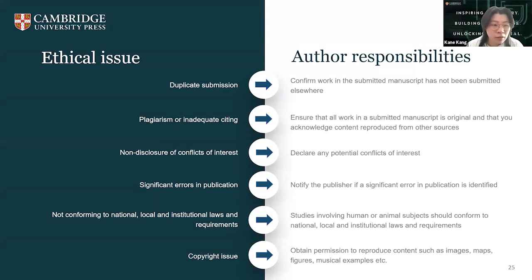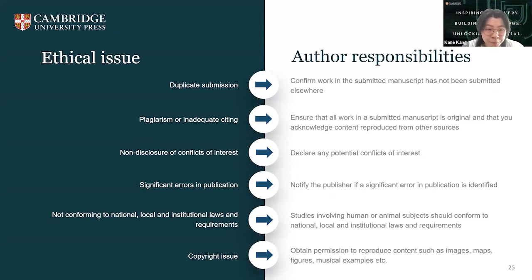And you know, all the publishers have similarity check tools, so we know everything, so don't do that. And number 3, no disclosure of conflict of interest. So declare any potential conflict of interest. Don't hide anything, like the editor did when they also sent gifts to the editor, who said, "I'm so sorry, I have to return it. I'm worried about conflict of interest."